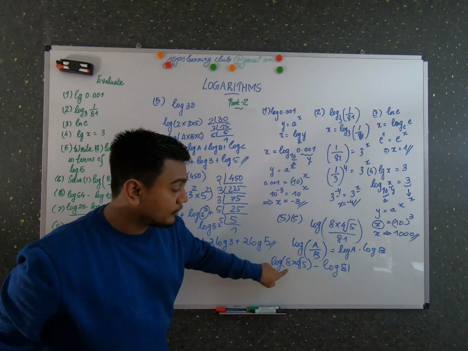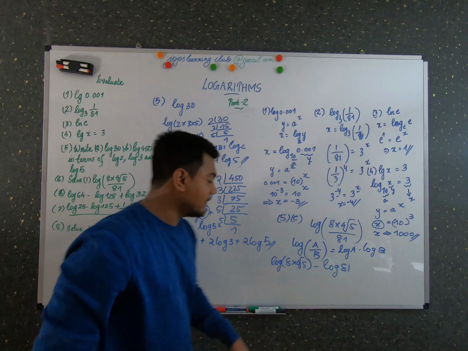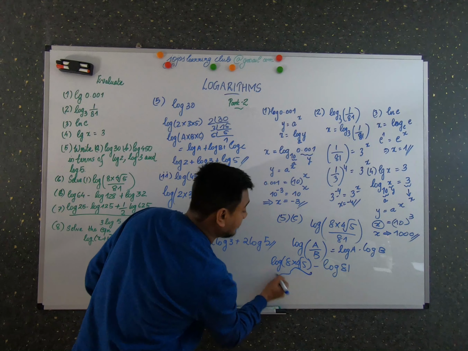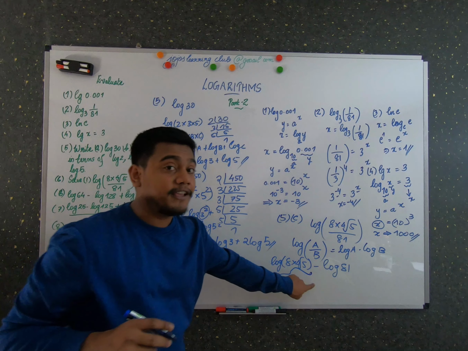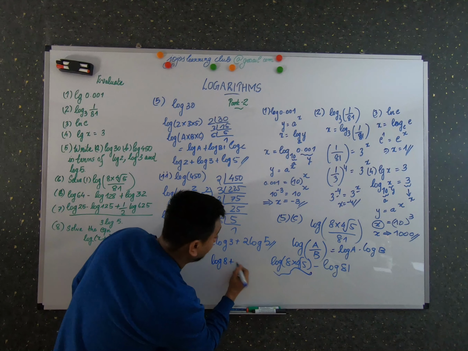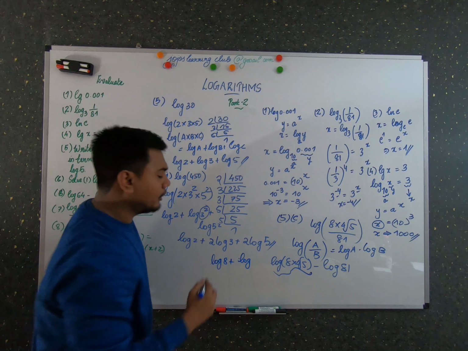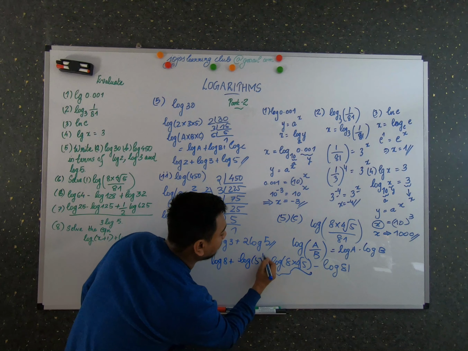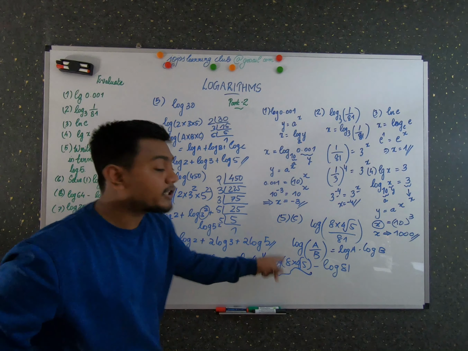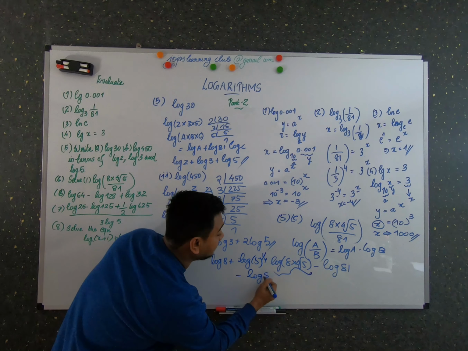Again you can split this term, because log of a into b is log a plus log b. So log 8 plus log of 4th root of 5. You can write this as 5 raised to 1 by 4, which is the same as the 4th root of 5, minus log of 81.